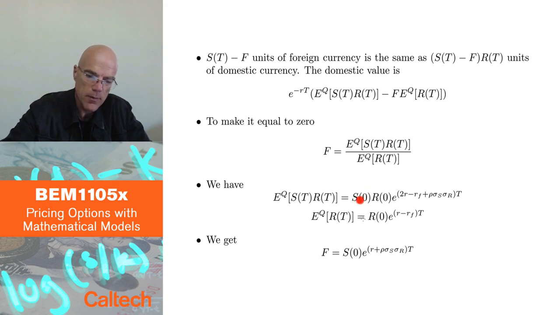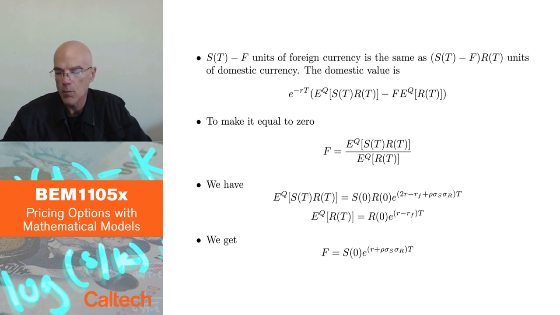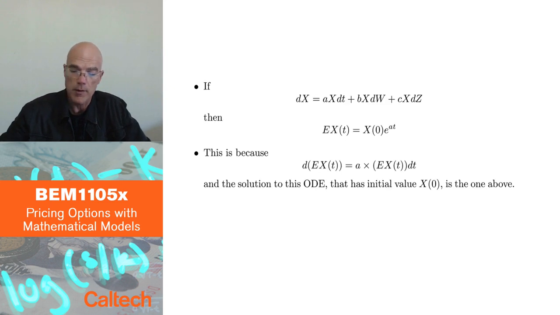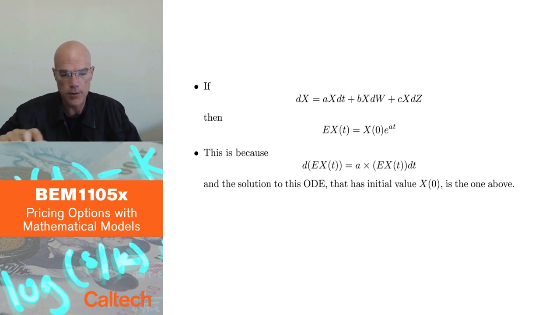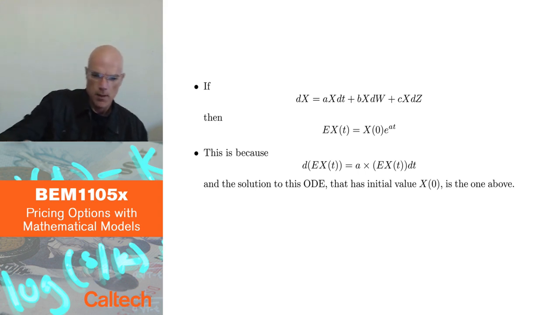I have some formulas here, but let me give you a general method for computing these types of expectations. You can do this in different ways. You can use a normal distribution moment generating function, but here is a different way using a simple ordinary differential equation.